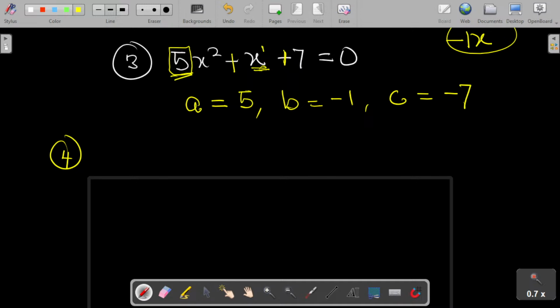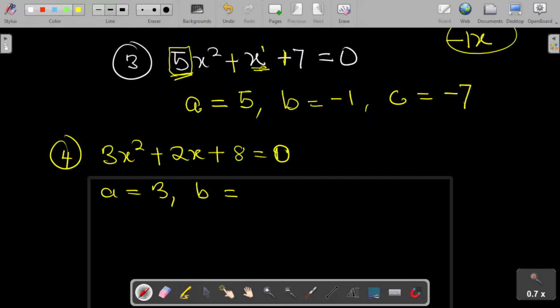So if you have something like 3x squared plus 2x plus 8 equal to 0, your A is 3, your B is what? Your B is 2. That's the coefficient of x.